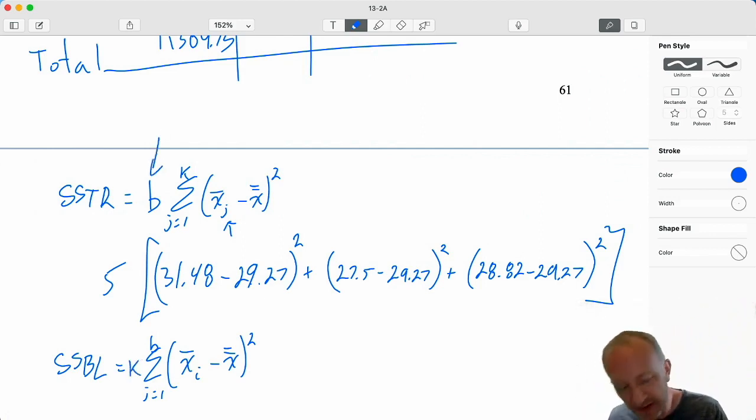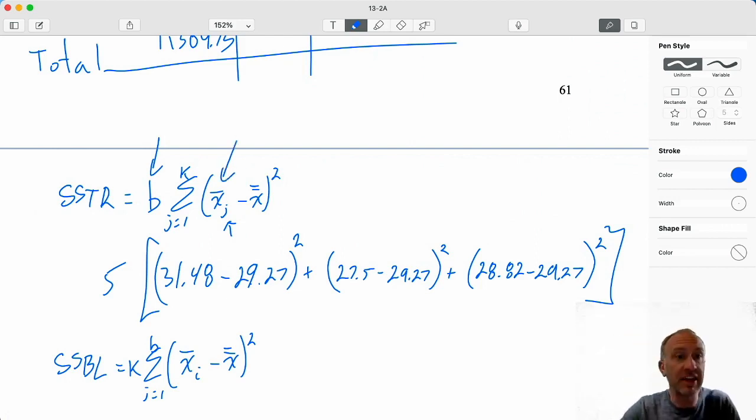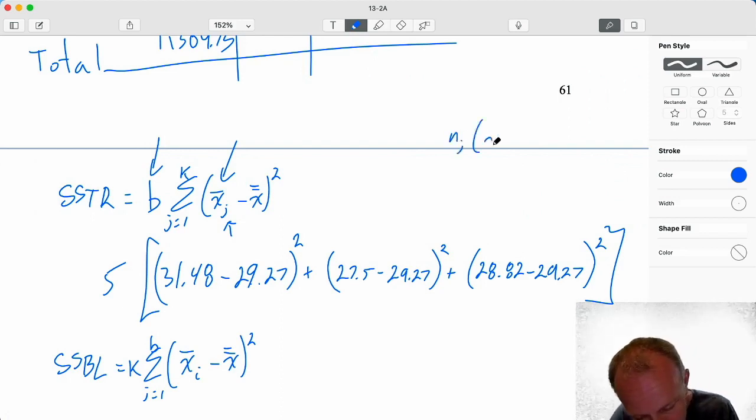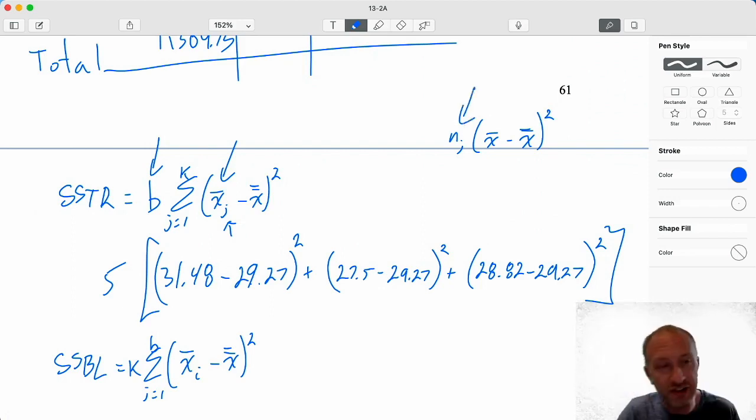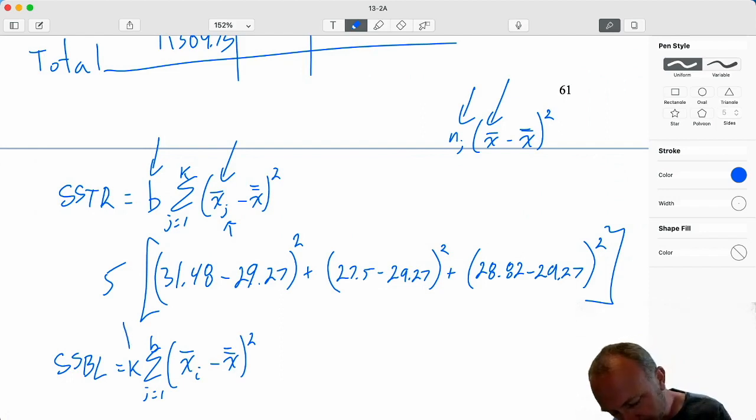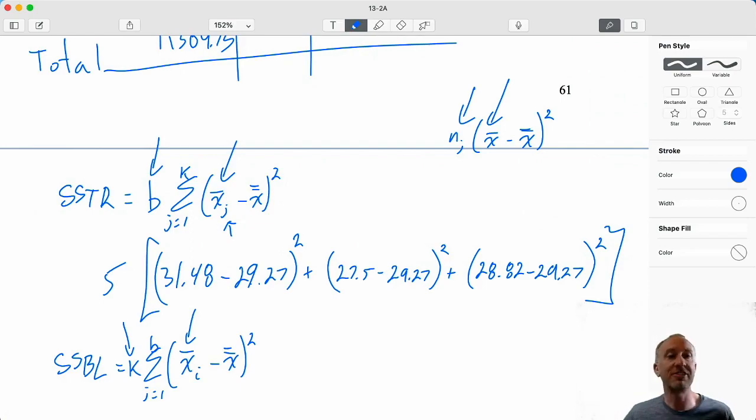Here we multiplied by 5, right? The number of blocks, because that's the number of observations in each of those treatments. Just as before, we had a calculation like this, we multiplied by nj, that was the number of observations in each of those treatments. Same thing here. We multiply through by k, because that's the number of observations in each of those block means.